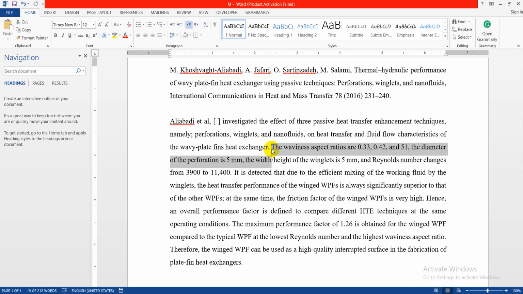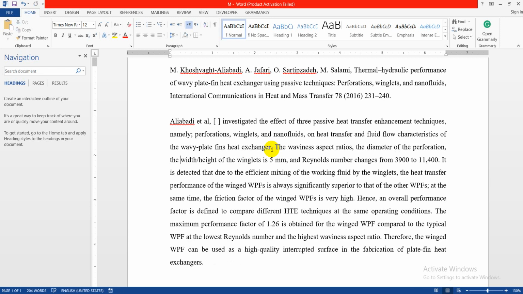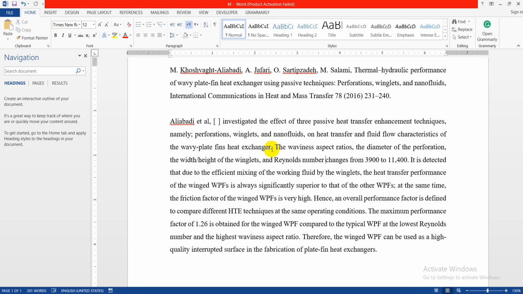You just need to show the geometric parameters studied in this paper. So I will delete only the values. The diameter of the perforation also I will delete. The width and height of the winglet also no need, and the Reynolds number.